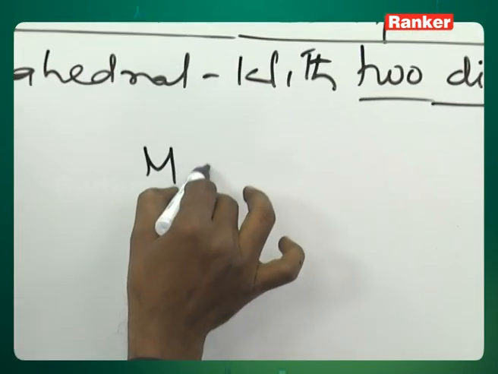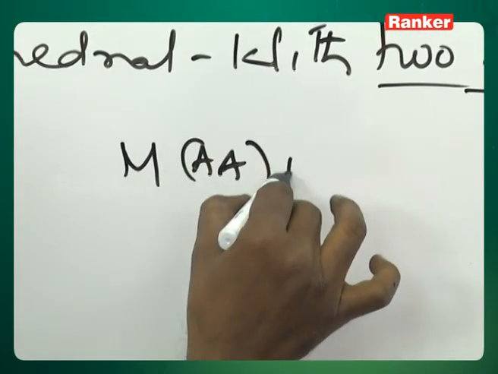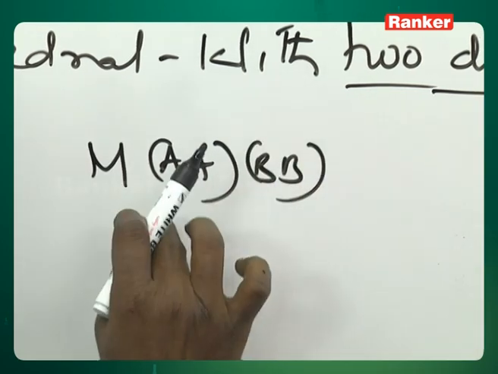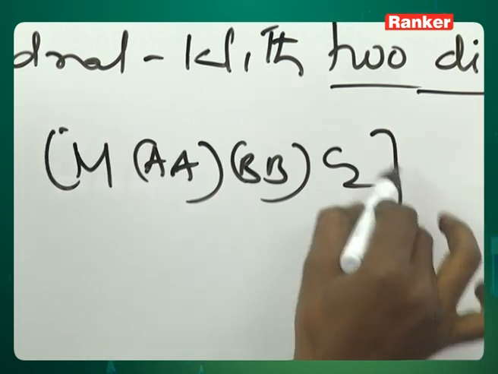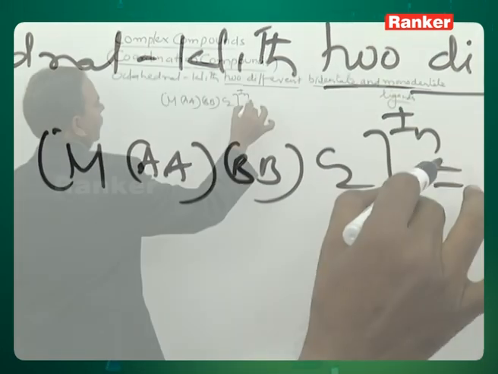Let us write a model first, MA2BB, two different, and let us see C2 plus or minus n.